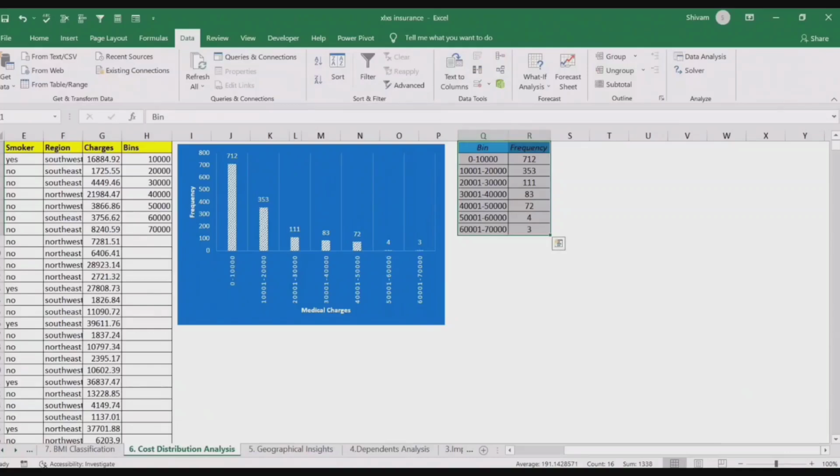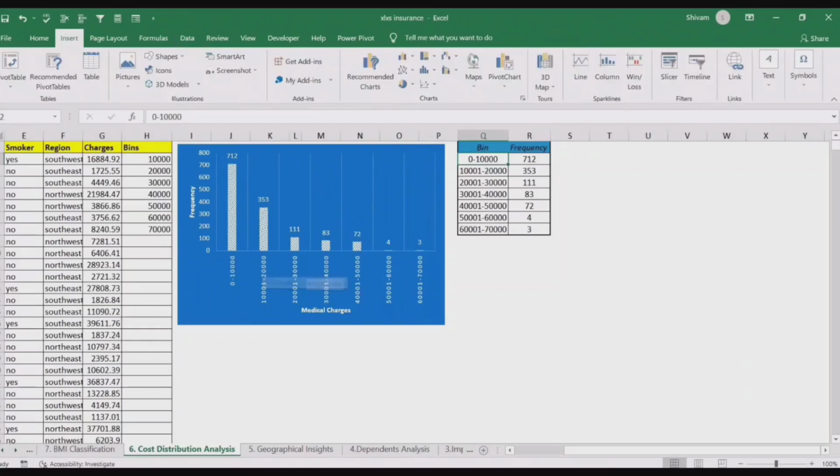So it is showing that the number of people with charges under 10,000 is 712, and the number of people with medical charges over 10,000 but under 20,000 is 353. These are the ranges and the counts of people within them. We can clearly see that the 0 to 10,000 cost bracket is the most common.